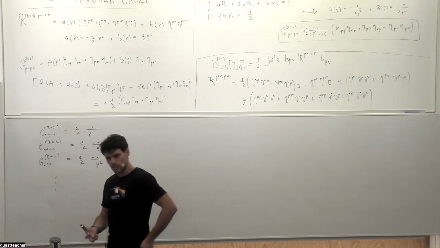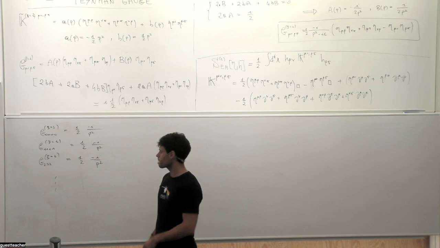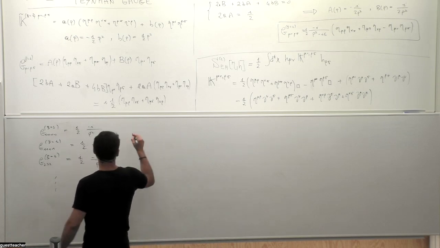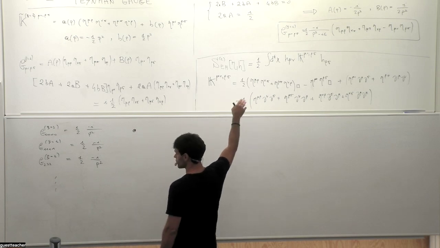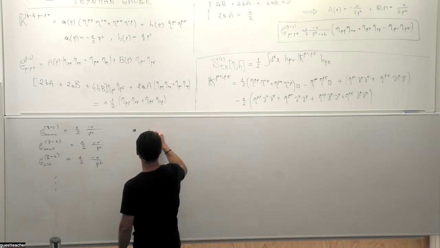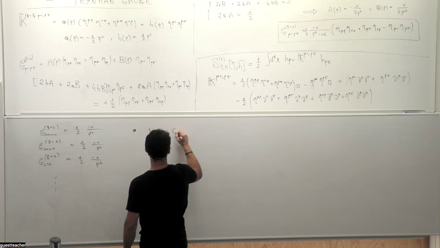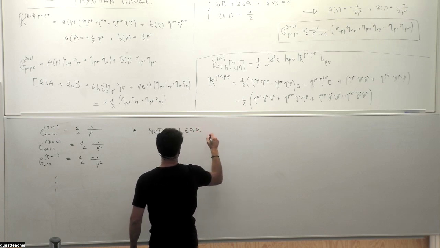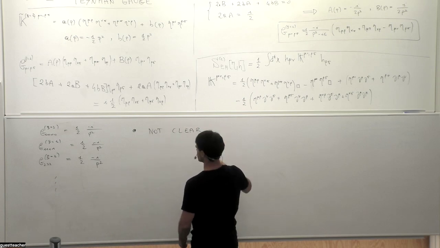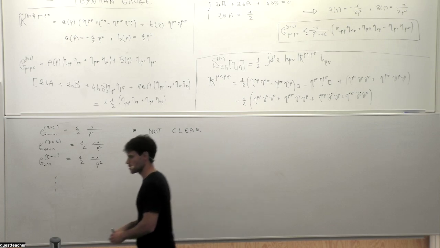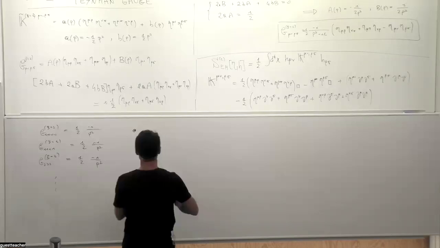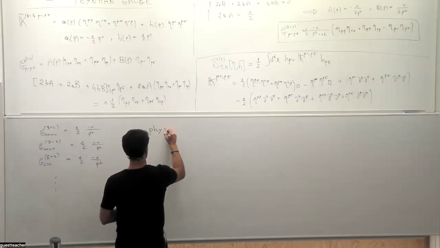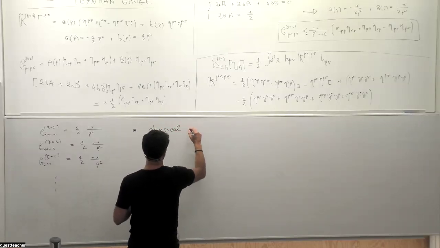It would be nice to do something similar also for gravity, and this is one of the main points that we don't see. If you just work in a covariant gauge, it's not clear which are the physical degrees of freedom or the physical components.